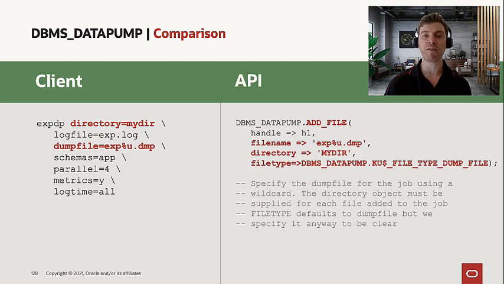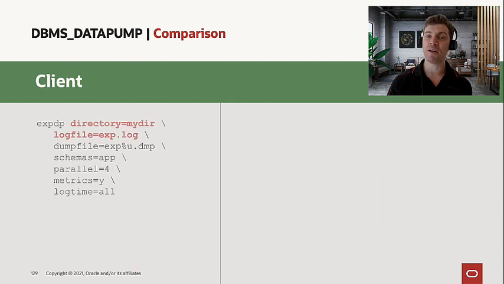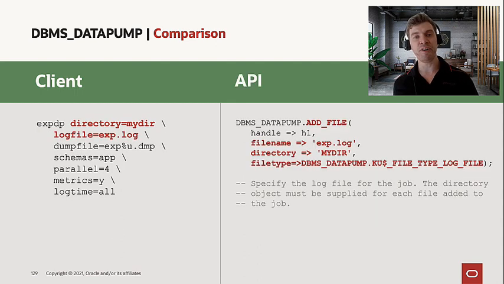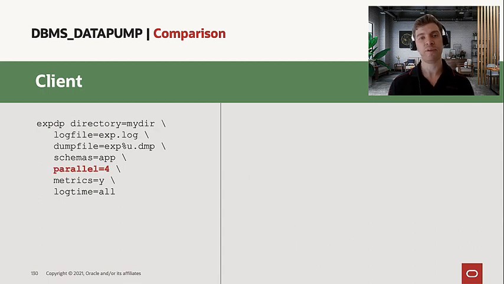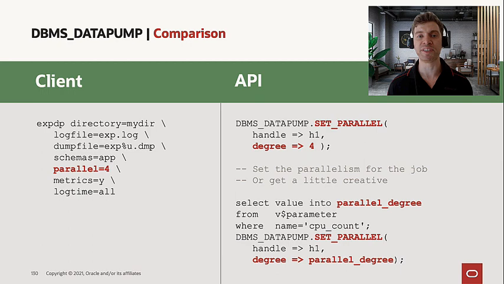And here in file type, you'll see that we are adding a file type dump file, meaning we are adding a new dump file to this process. The same applies for the log file, but the file type here for the log file is file type log file.